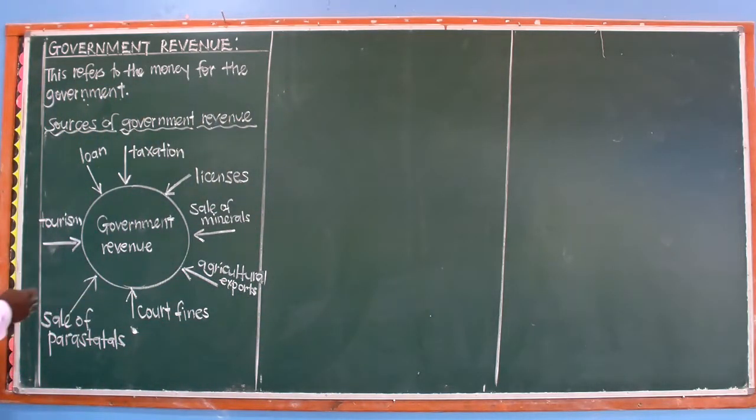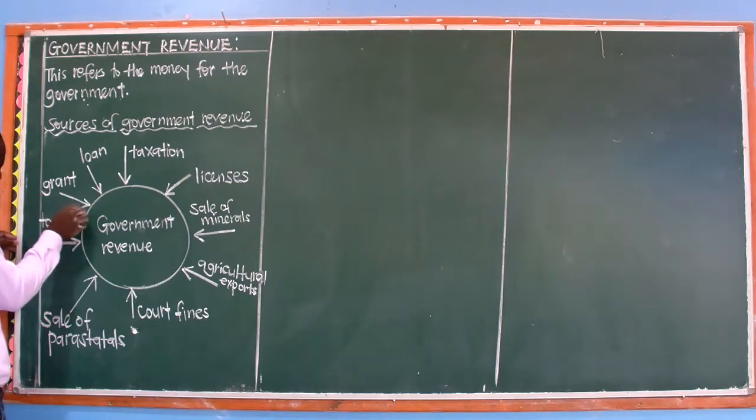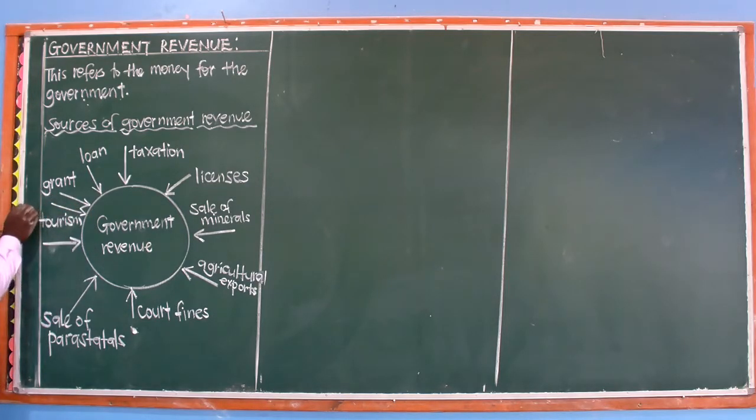So we shall be able to see the difference between a loan and what we call a grant. I want you to add this to your book. I think they are missing. We are still adding these sources. Next to this, I wanted to put them together. After grant, we shall also have what we call a donation.